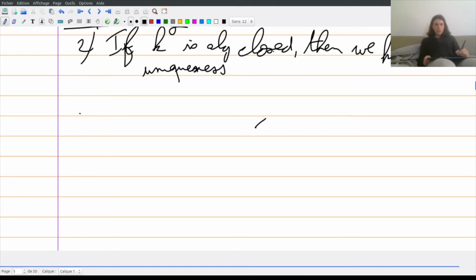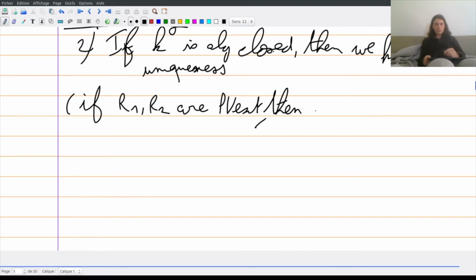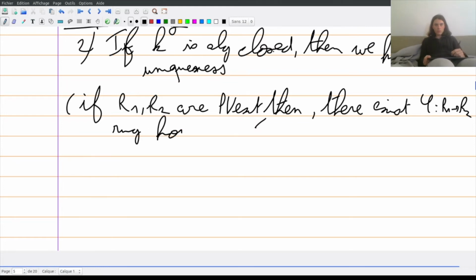So let me prove this fact. So the proof of the existence. In which case do we have uniqueness? It means that if R1 and R2 are Picard-Vessiot extensions, then there exists phi from R1 to R2, a ring isomorphism.